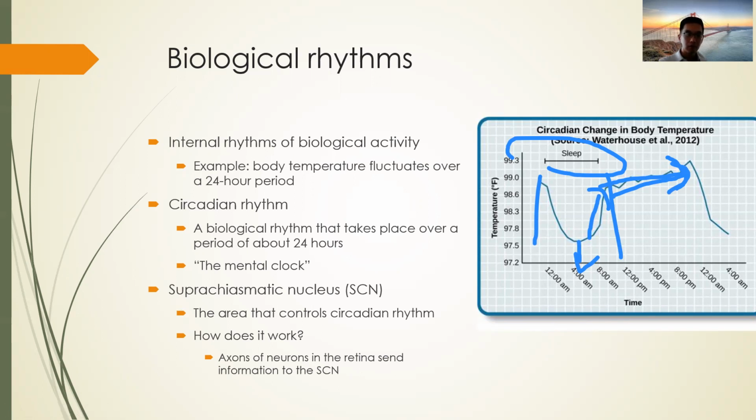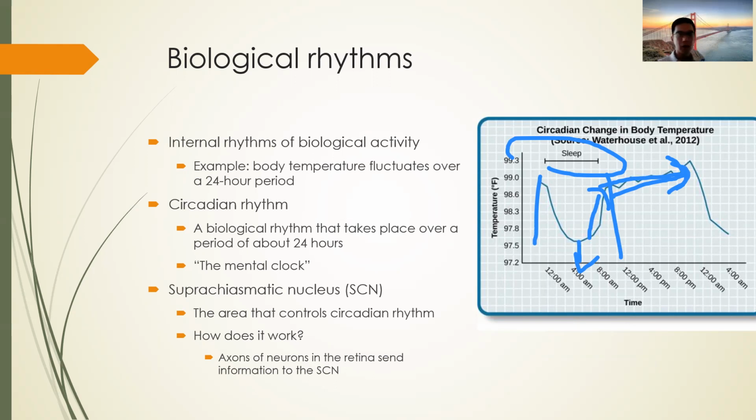So how does it happen? Why does the neural system have that function? How does the brain decide this kind of period is just 24 hours? This is realized by a part inside our brain, specifically inside the hypothalamus.